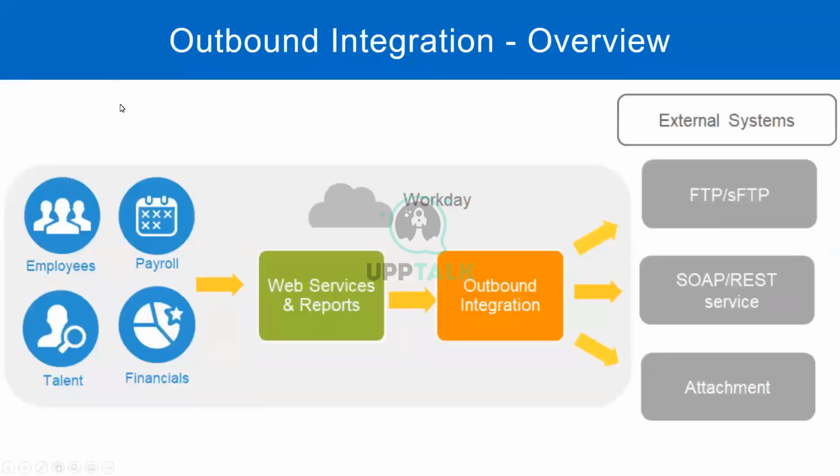The outbound integration is where we are getting the data from the Workday back-end functional areas, the different business objects, different data sources. We are getting the data using some web services and reports.